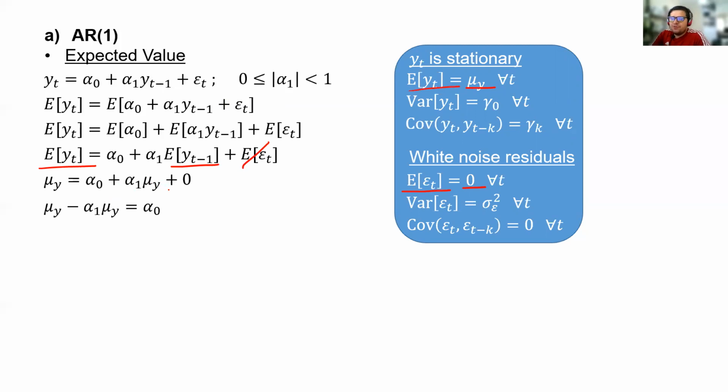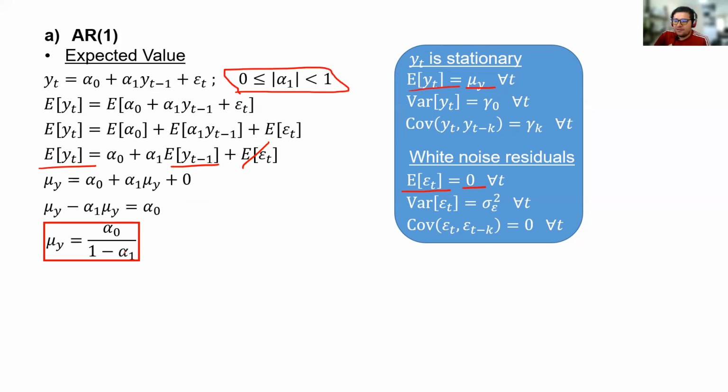We don't know what mu is. We want to get mu in terms of values that we can estimate. So I put mu on the left-hand side of the equation, do a little bit of algebra, and we get mu y in terms of alpha 0 and alpha 1, both of which we can actually estimate. One thing here, in this equation of mu is where you can see this condition at work, right?